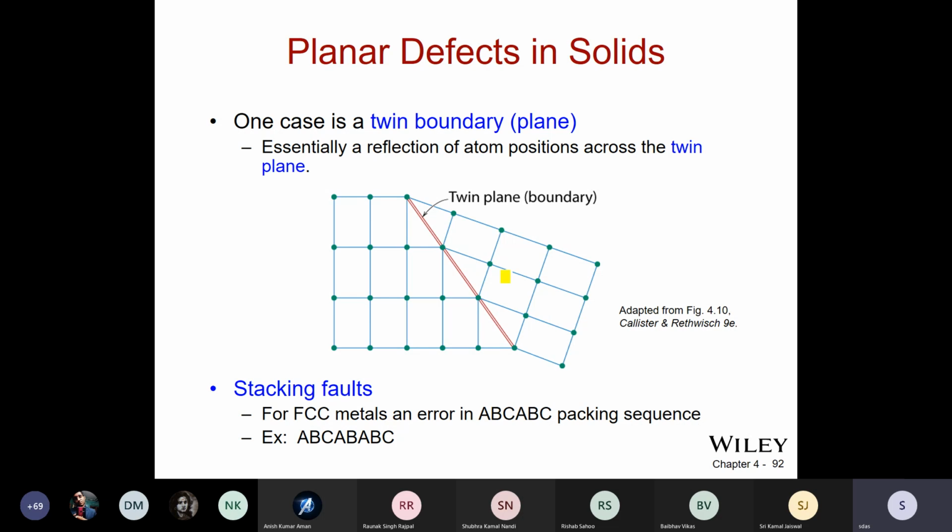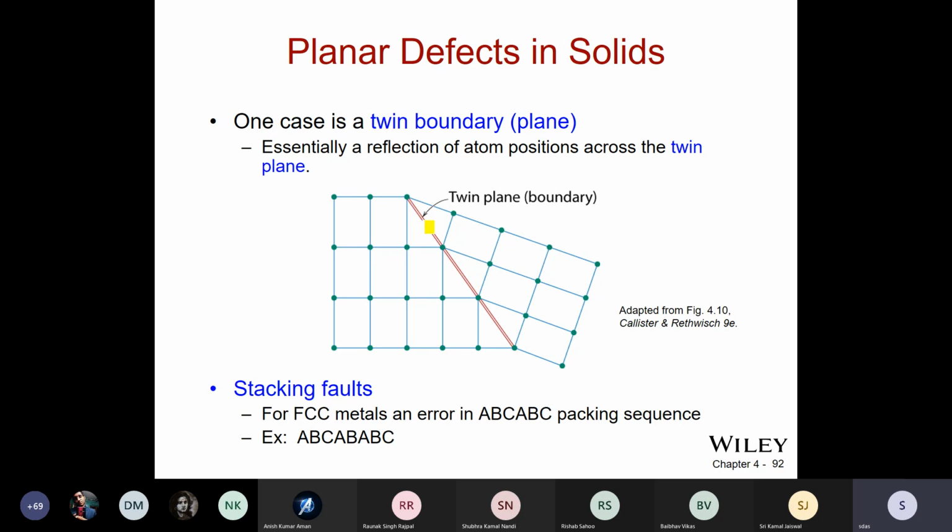So a portion of the crystal takes a shape which is the mirror image of the undeformed region. We apply a shear stress, the orientation of a part of the crystal gets changed and it becomes the mirror image of the rest of the crystal.